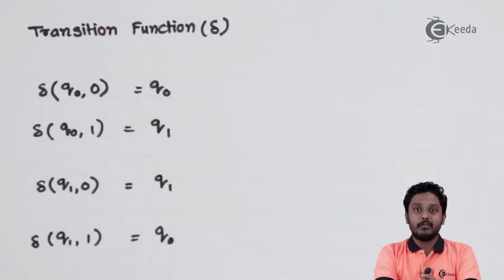Similarly from Q1 we have two transitions. From Q1 on 0 we have transition to Q1 only. From Q1 on 1 we have transition to Q0. Having seen the transition function delta, now let us see the output function theta.